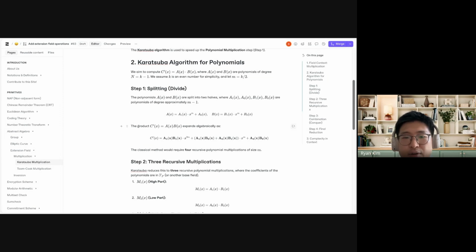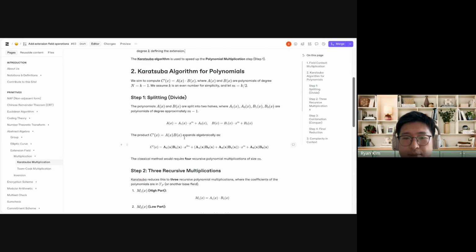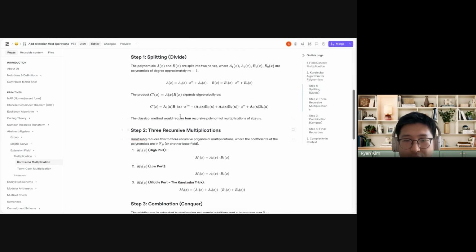As I mentioned earlier, in the first step we multiply like that. This is the result of the multiplication. So we have three parts: the high part, which is a1 b1, the low part, a0 b0, and the mid part, which is a1 b0 plus a0 b1.